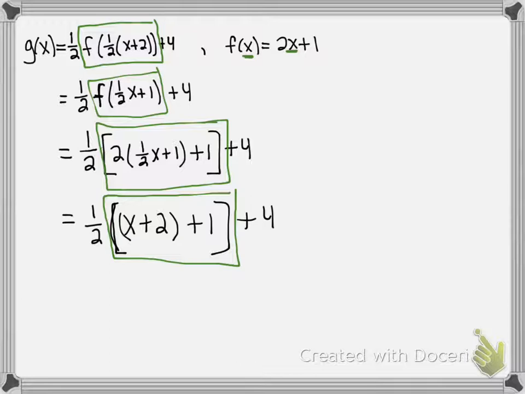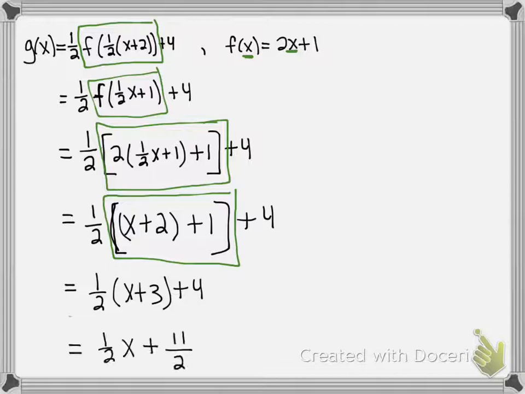And distributing that positive 2 into the 1/2 x plus 1 gives us x plus 2. We're going to turn around and then add positive 1 to that. So you get x plus 3 inside of those brackets, which leaves us with 1/2 times x plus 3 in parentheses, and then plus 4. And then the last thing here is to just distribute the 1/2 and add like terms.